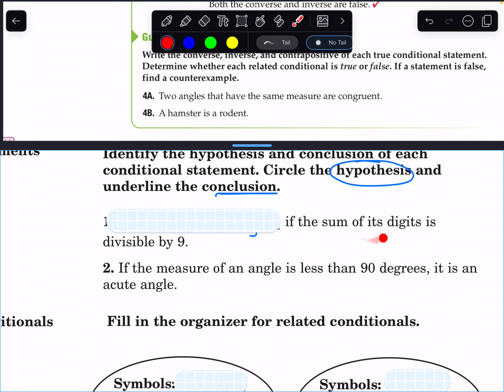Sounds like they're referring to some number. If you recall your divisibility rules, you will know that when the sum of the digits is divisible by 9, the whole number is divisible by 9. I shortened that slightly so it would fit on the line: a number divides by 9 if the sum of its digits is divisible by 9.